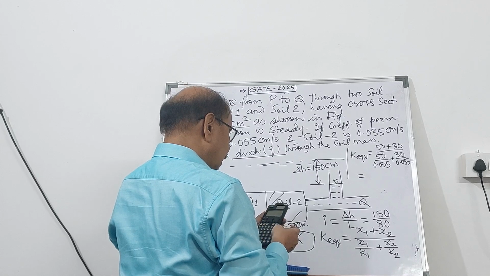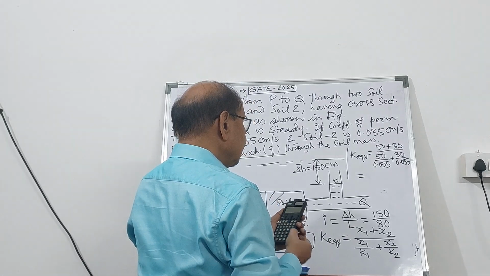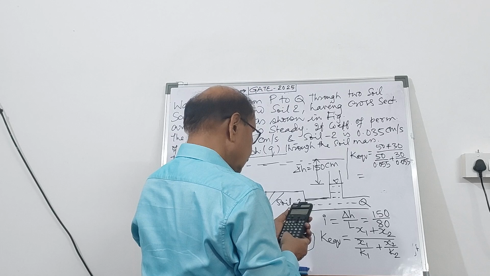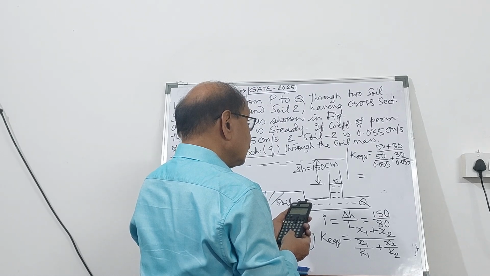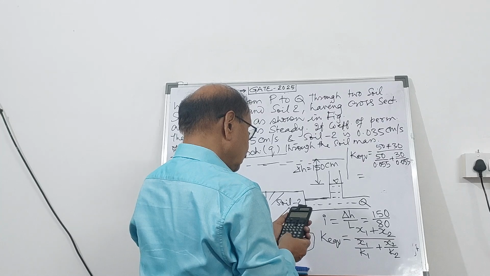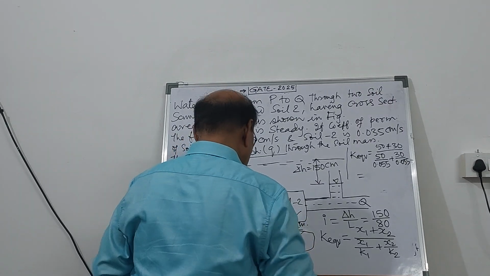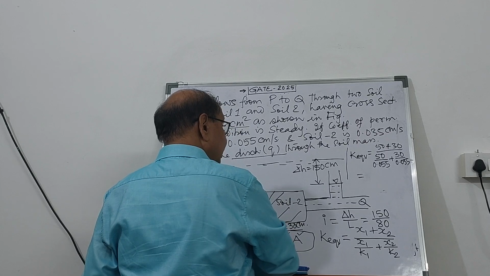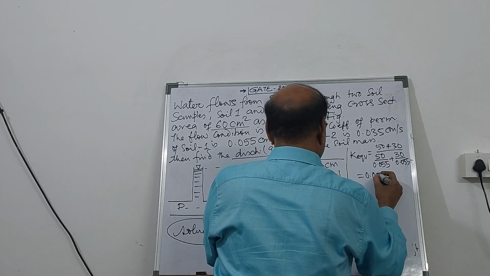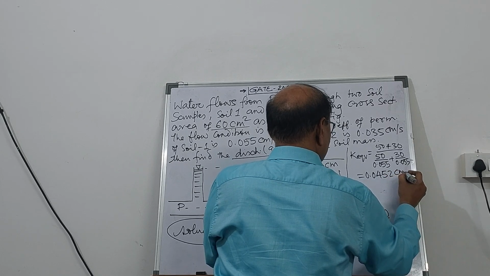So if you calculate 80 divided by, it has been calculated that K equivalent in centimeter per second is 0.045 cm per second.